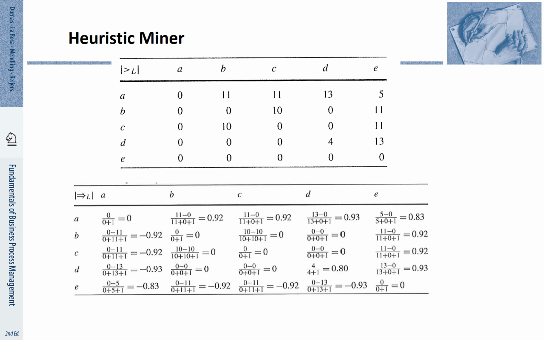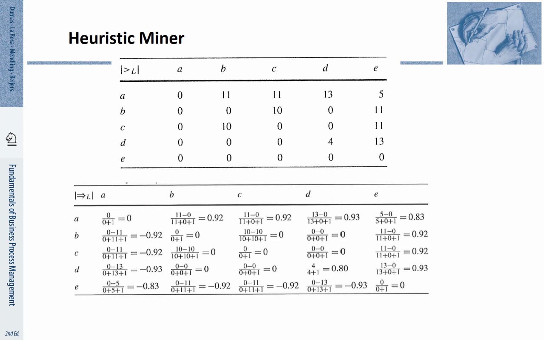If you look at the value from A to B, you see that the value is 0.92. If you look at the value for B to A, it is minus the exact same value. This is a property of this matrix.